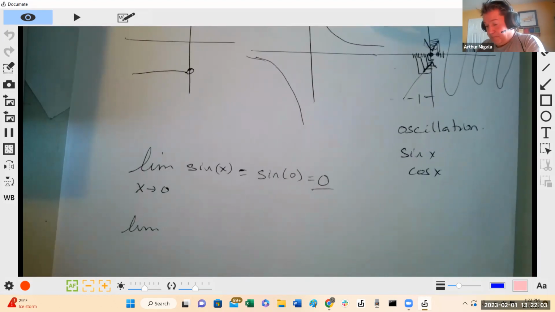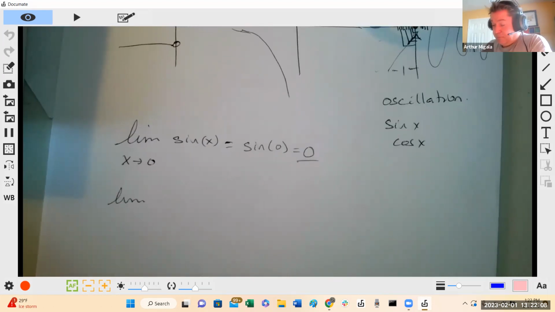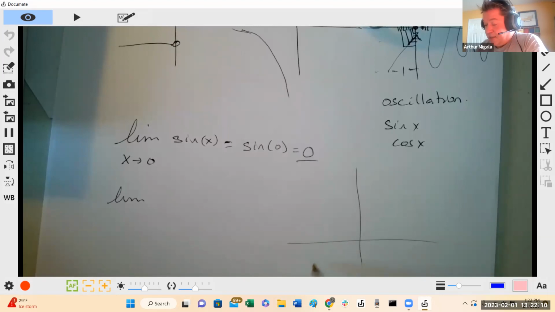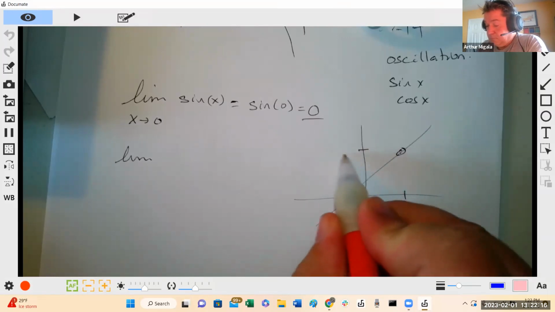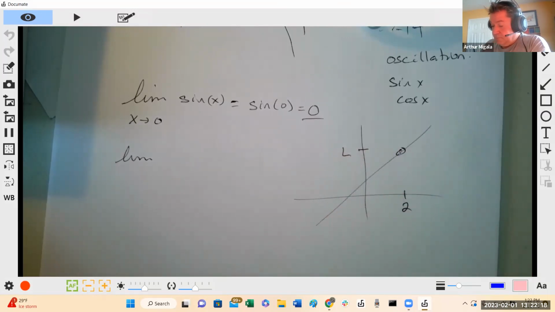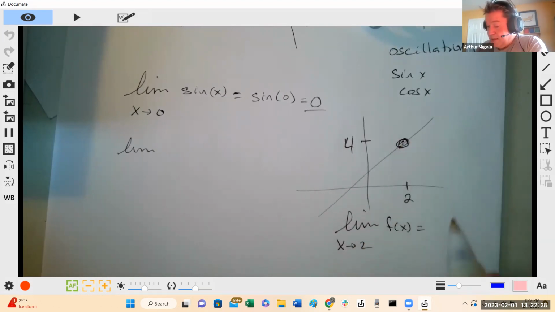That's why it's a limit. It doesn't have to exist like our last example yesterday or Monday showed. If we had a jump discontinuity, let's say this is 4. So the limit as X approaches 2 of this function as a whole is still going to be 4.